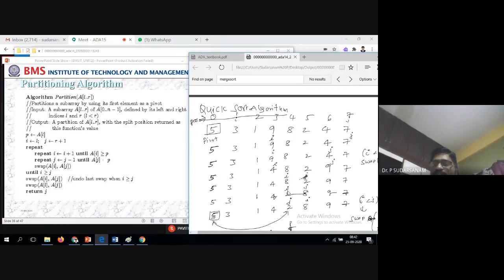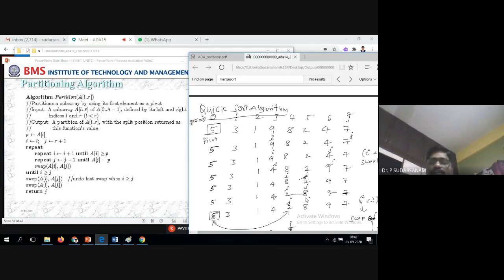Now when you come to here, I is greater than j. So till this step, do the same process. That is what until I is greater than or equal to j means: repeat the process, swap a of I comma a of j only. That is the condition in our programming.